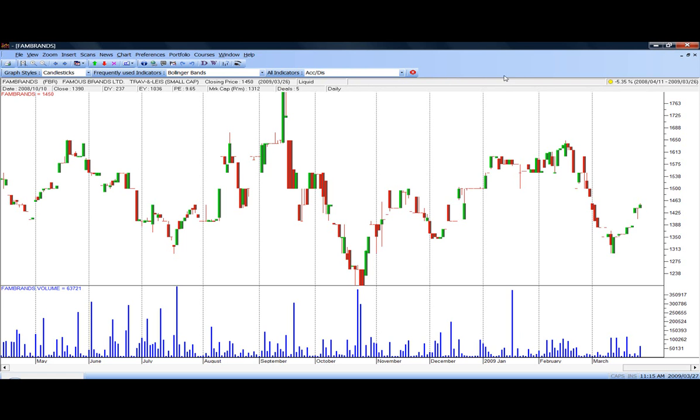Another interesting indicator is on the right hand side. We have a small percentage figure shown here, and that indicates the percentage growth, or in this case loss, from the beginning of the graph at this point here to the current date, which is at this point here.